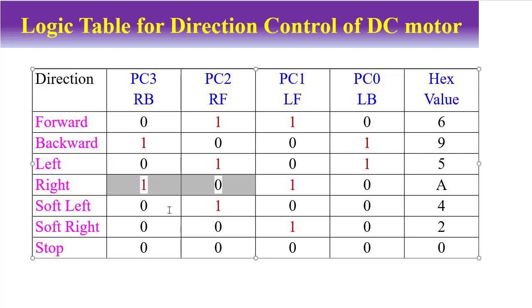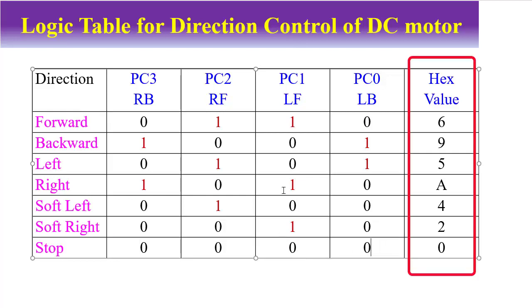For soft left movement, the right motor will have forward movement and the left motor will be in stop condition. For soft right, the left motor will have forward movement and the right motor will be in stop condition. And if we want to stop the robot, all the terminals will have logic 0.